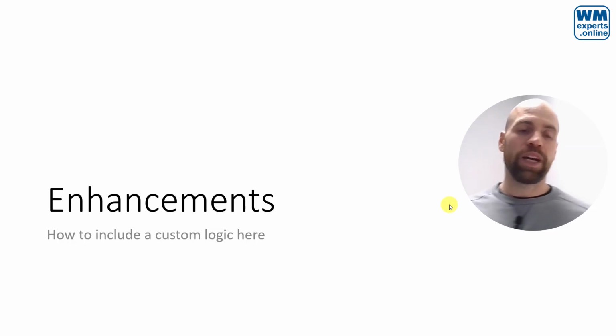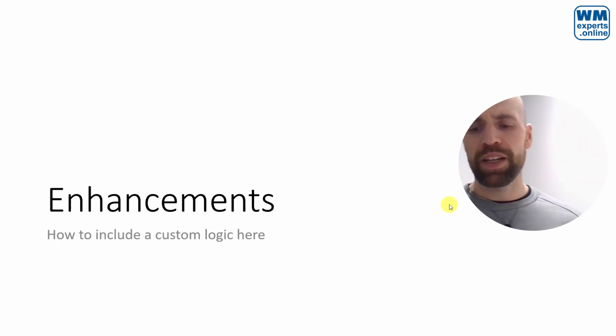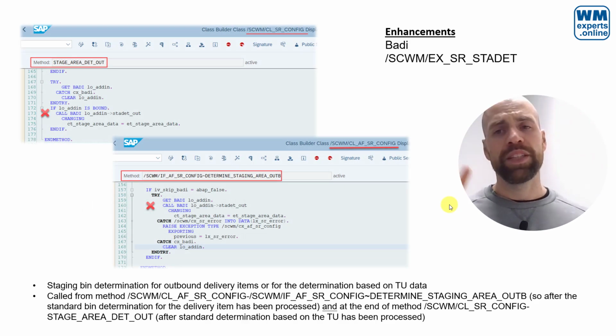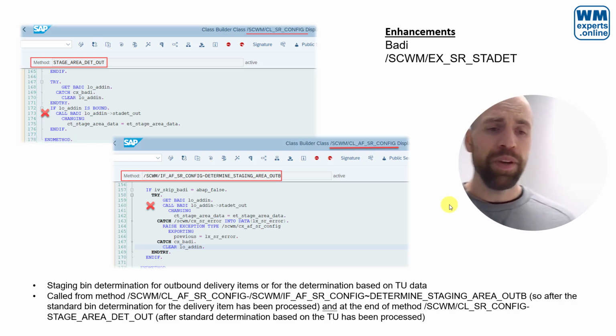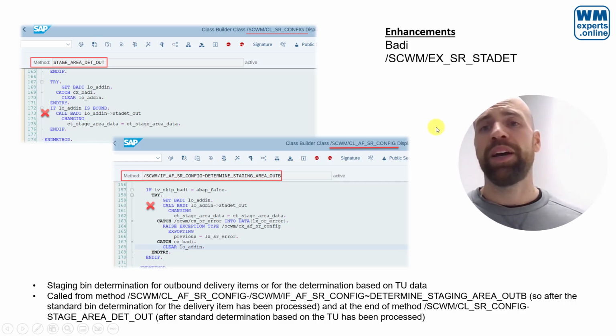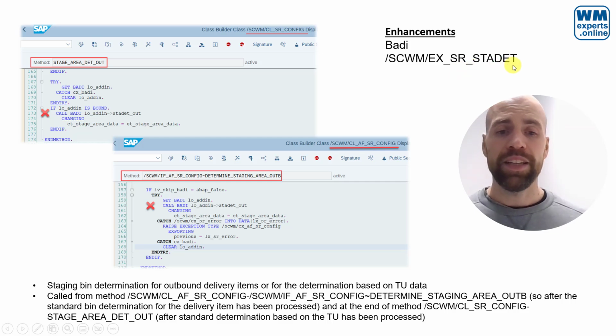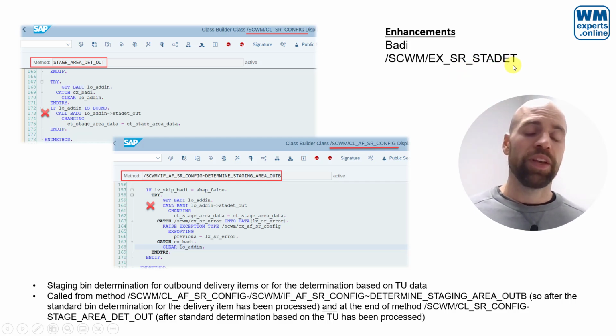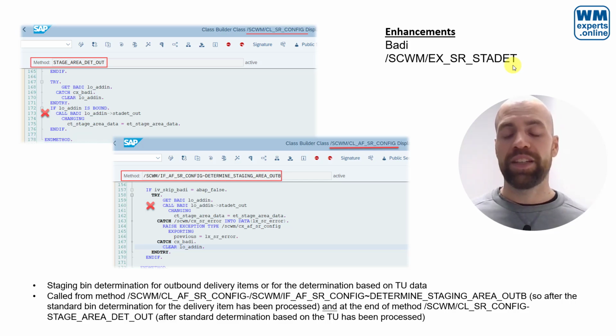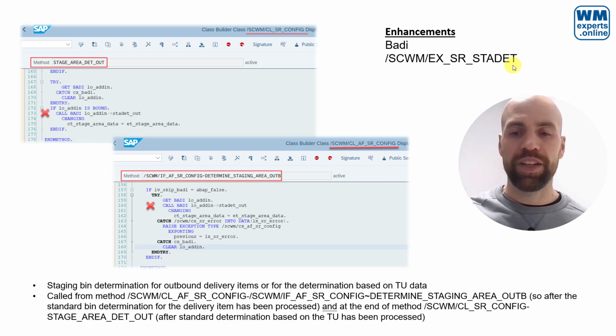Having said that, we come to the closure. Just a very quick look at the enhancements. Basically 2 options to manipulate the behavior here. The first one is BAdI SCWM X_SR_STAGE_DET. And this BAdI is used to influence the staging area determination. And when I'm talking about staging area determination, I'm also talking about door determination. Now ignore the term staging area here.